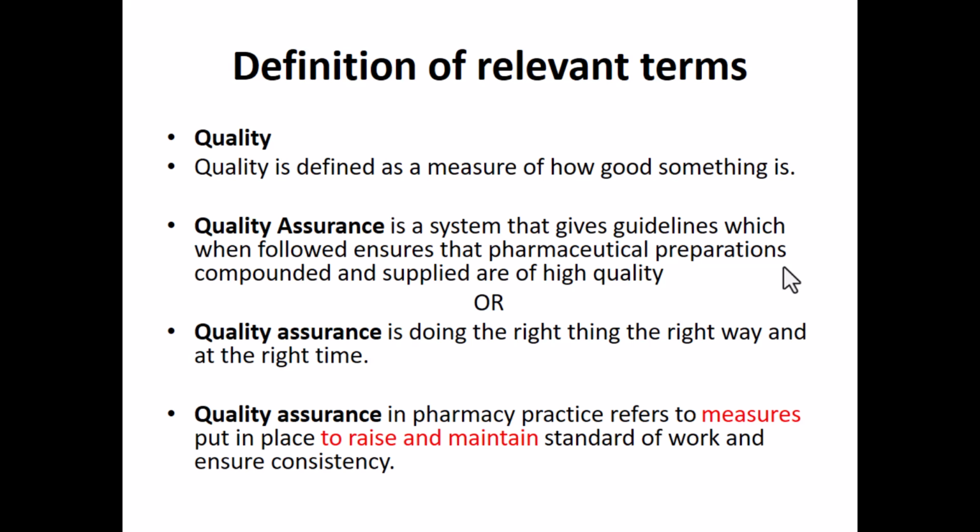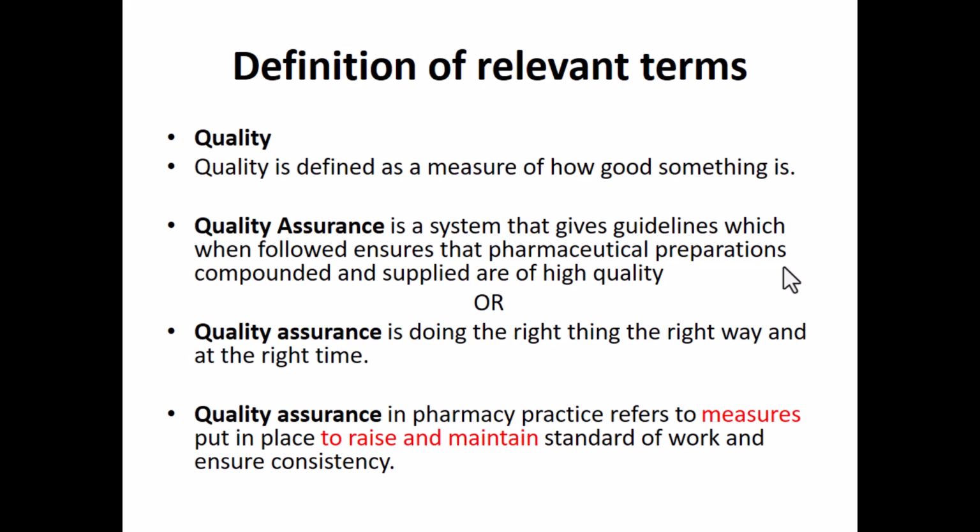You also reduce increased hospitalization, and so many other things that come up with poor quality products. You're actually saving the life of your patient by making sure that the products are of high quality. So to achieve the goal of having high quality products, you need guidelines, something to lead you to that step that you're focusing on.